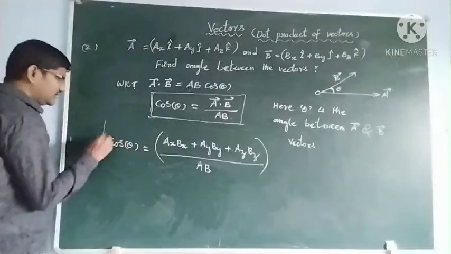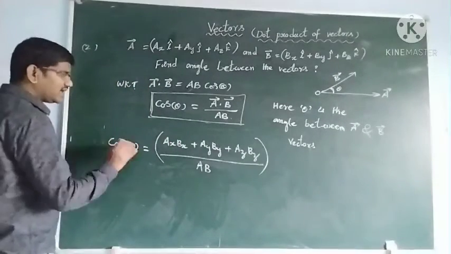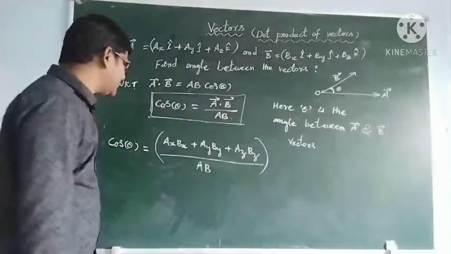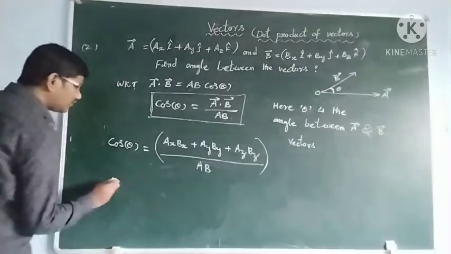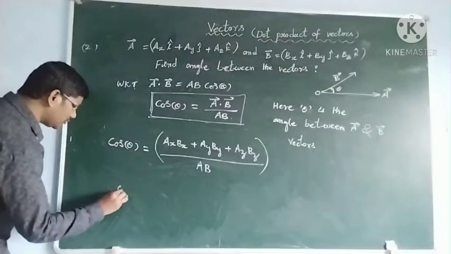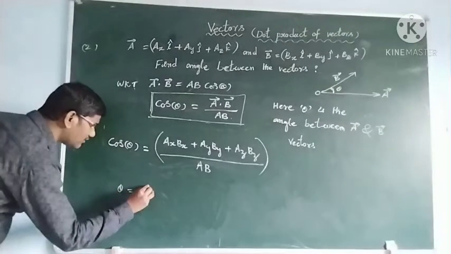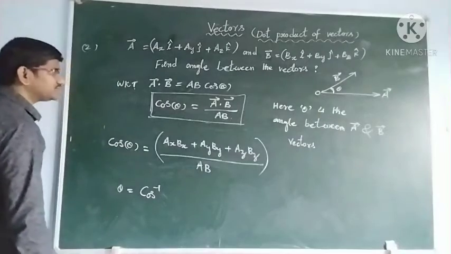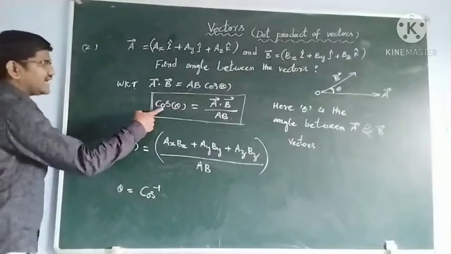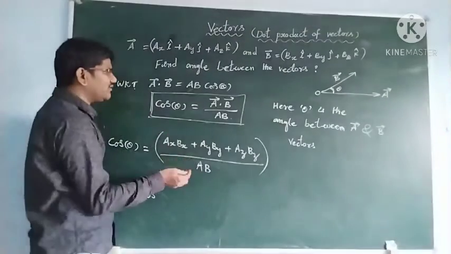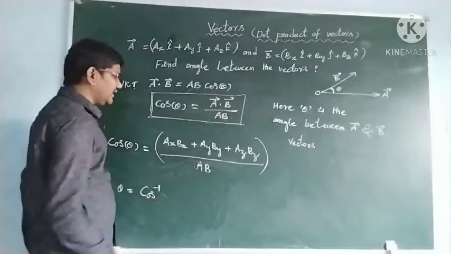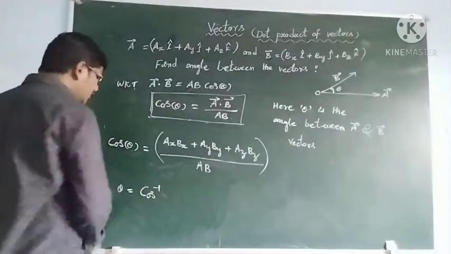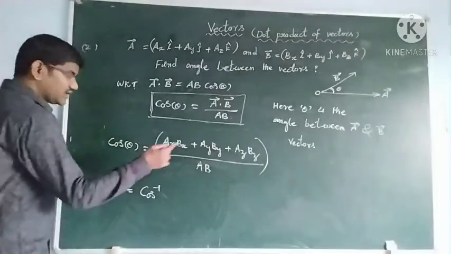So from cos theta you can find the angle between the two vectors. Or you can write theta is equal to cos inverse of a bar dot b bar by a into b. While doing the numericals we will understand this.